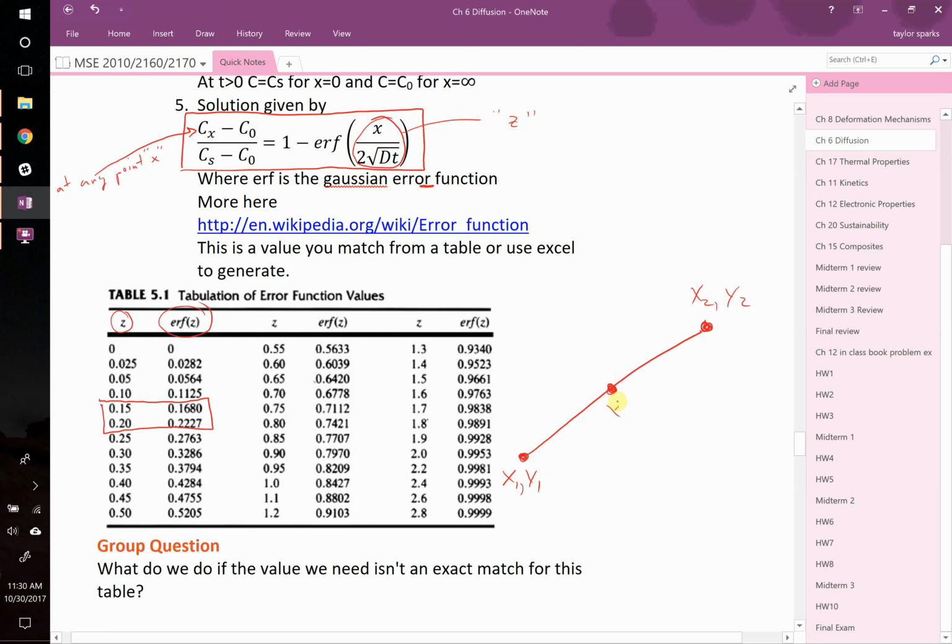So using this formula, the linear interpolation formula, you can figure out any value you need to in this error function table, right? So that's how we handle that.